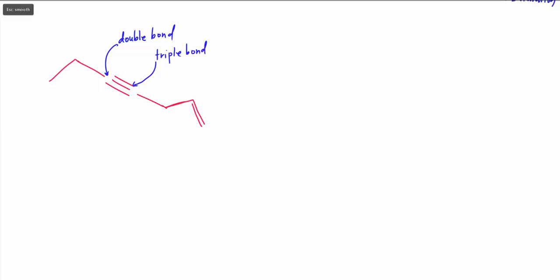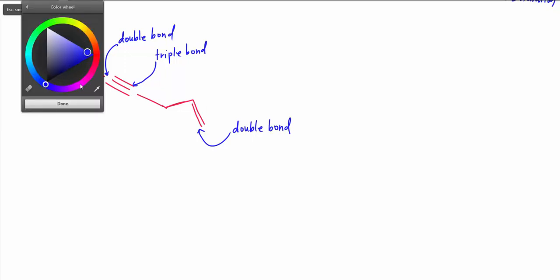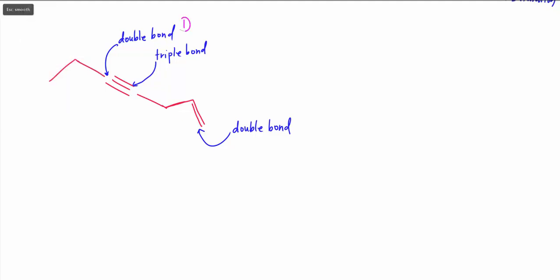Those multiple bonds each count for 1 degree of unsaturation, and I have a double bond here, and that counts as 1 degree of unsaturation. So I have 1 degree here, 1 degree here, 1 degree here. 1 plus 1 plus 1.